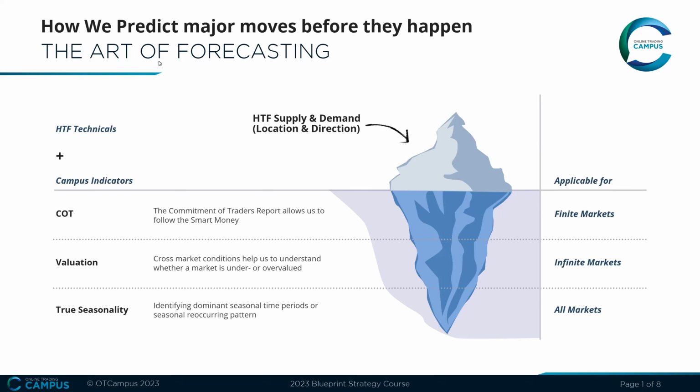As you know, fundamentals can tell us if any market around the world is set up for a major rally or decline. And for most finite markets, we want to focus on the COT as the primary setup and forecasting method. As you know, finite markets are markets where the lifespan is pretty short.